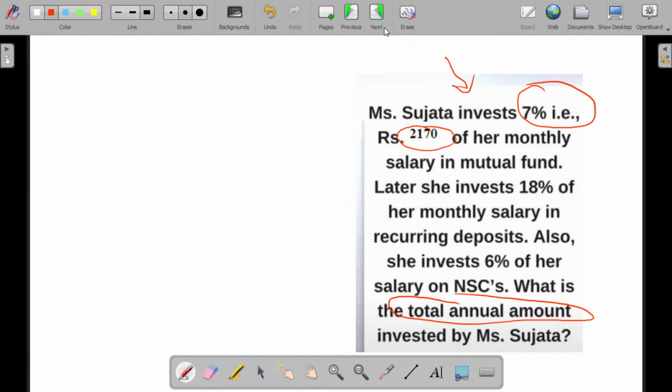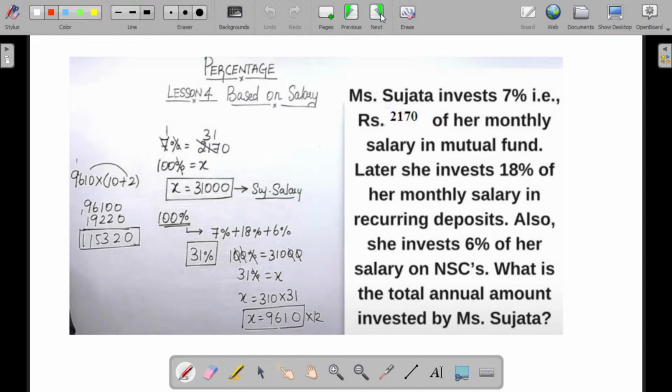Okay, so the salary is 1,15,320. Let's see how. They are given the 7%. 7%, that is how much? 2170. 7% means 2170. So 100% means we will get the total salary.